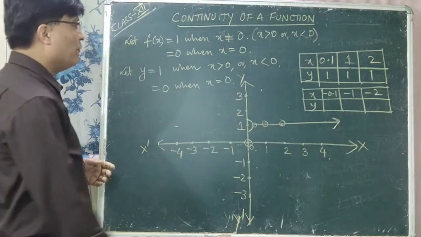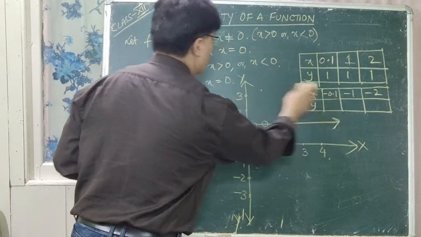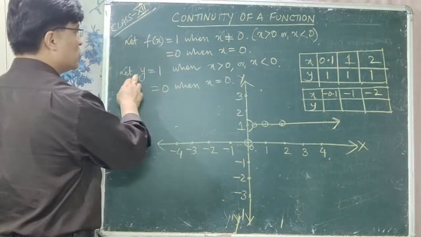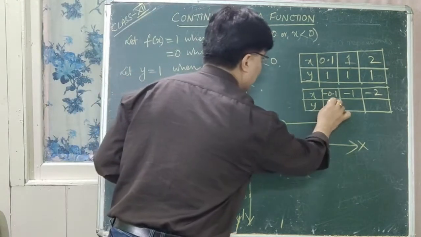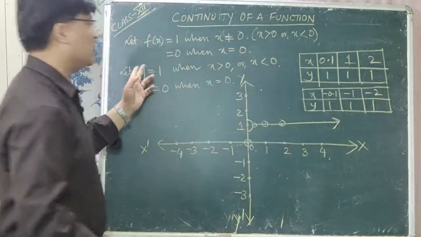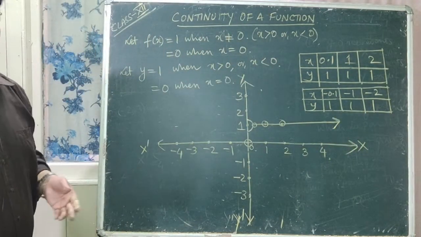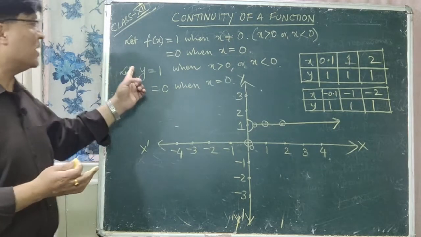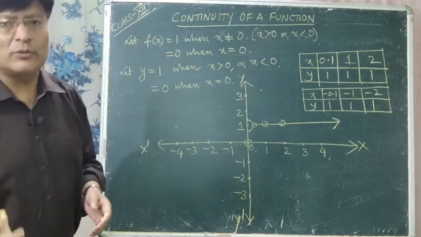So if you have minus 0.1, then also it is y is equal to 1. So here you can write 1, 1, 1, because y is equal to 1 is always constant. Whatever may be the value of x, y is always constant, which is equal to 1.